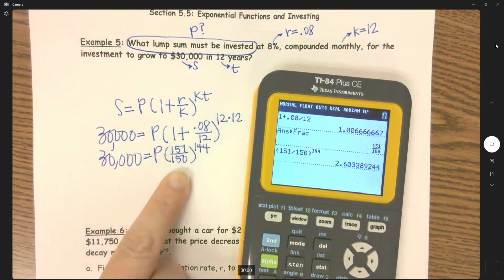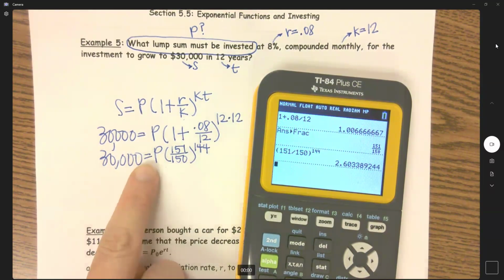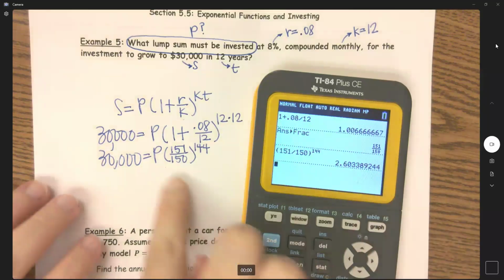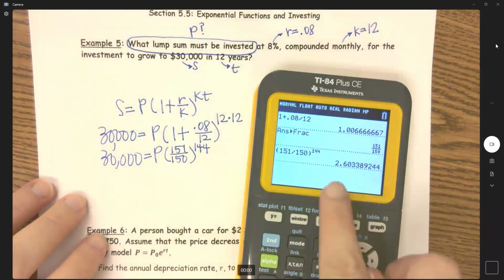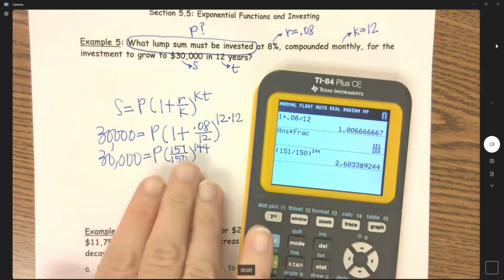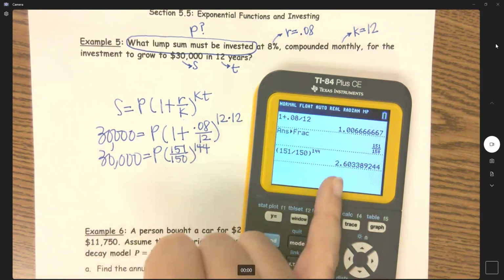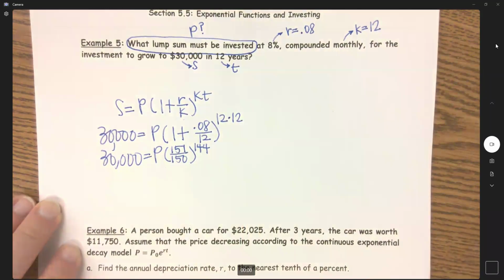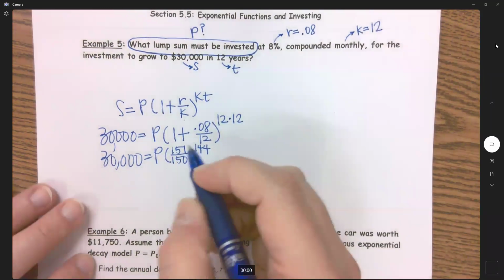So we have 2.6-ish times P. How do we get P by itself? You just divide that over, right? Even though this is not really in number form, it is a number. You can put it all in. So we have a number, specifically 2.6-ish times P. So divide that whole thing over to the other side.